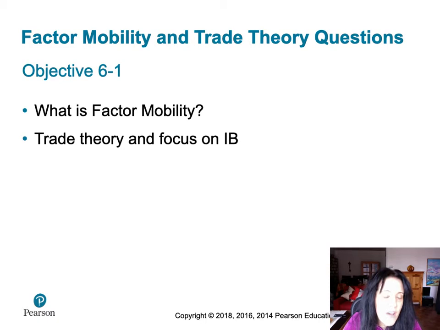So basically, factor mobility is the movement of capital, technology, and people. It is the movement of, in other words, organizational and human resources across the borders, right?